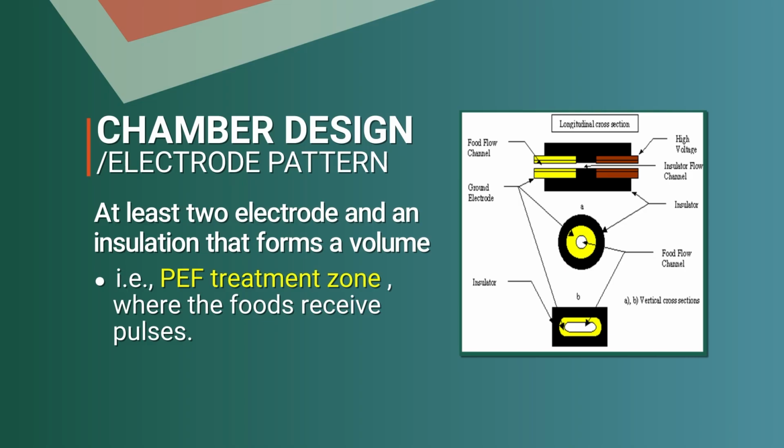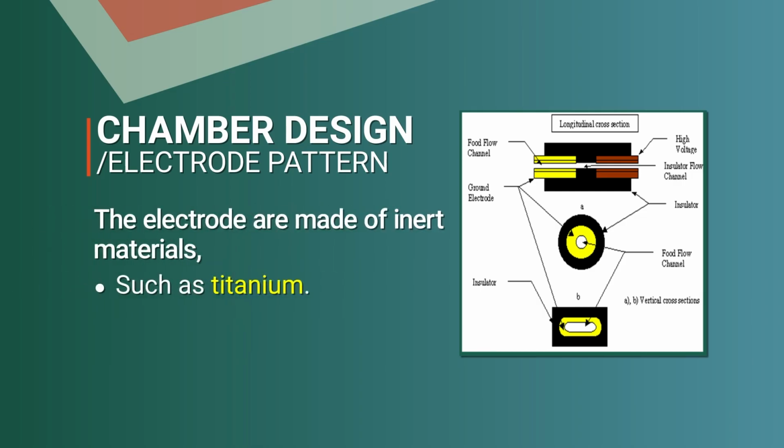So there could be different designs which are possible. A tubular design could be there. There could be a channel kind of flow. That's how the parallel plates are shown, the yellow and the red one. The electrodes are made of a material like titanium. And here, it is important to see the gap between the electrodes, because electric field strength, you might recall, is affected not only by the voltage you are applying across the food material, but also by the distance between the electrodes.